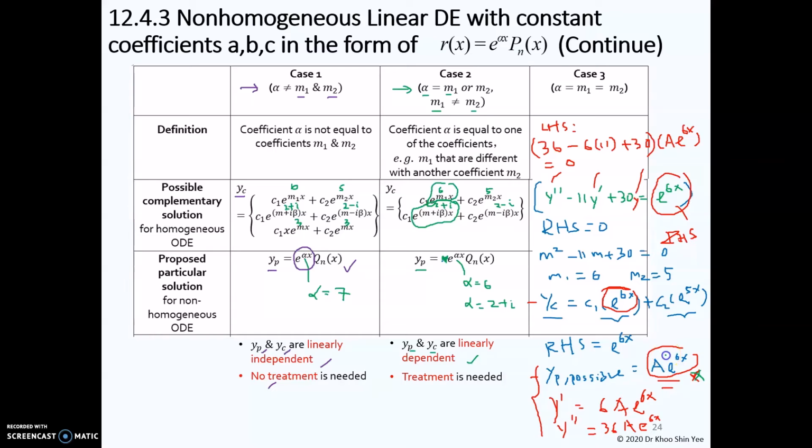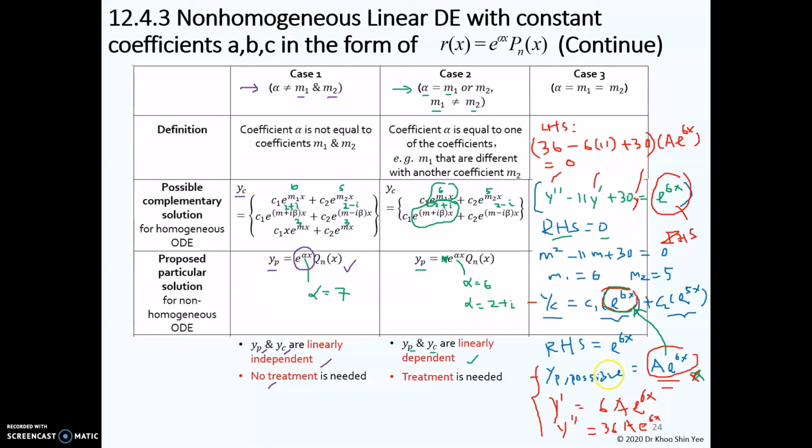This is because the particular solution that you propose is linearly dependent to the complementary solution. And previously, you should know the complementary solution will make the right hand side equal to 0. So we should avoid the complementary solution being linearly dependent to the particular solution here. We should make sure both of these solutions are linearly independent.